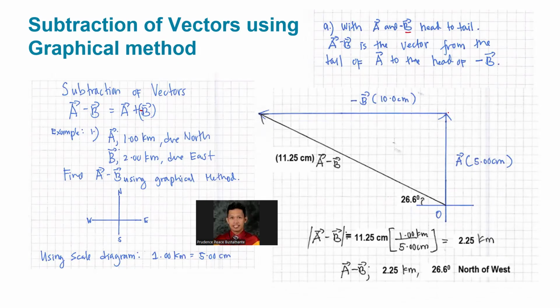Then from the tail of A to the head of negative vector B is A minus B. We measured it about 11.25 centimeters. If we convert it back to the original scale, it is 2.25 kilometers, but the direction is now north of west. So A minus B is 2.25 kilometers, 26.6 degrees north of west.